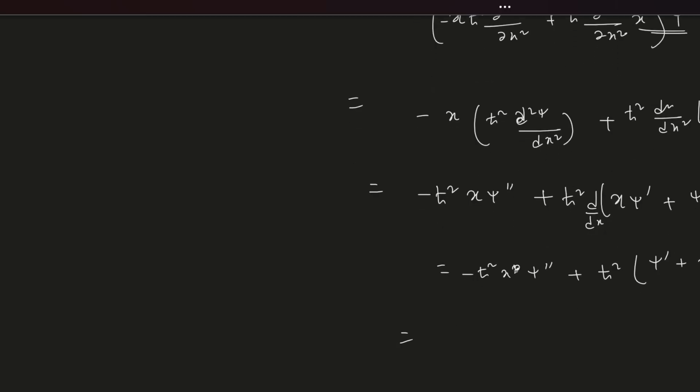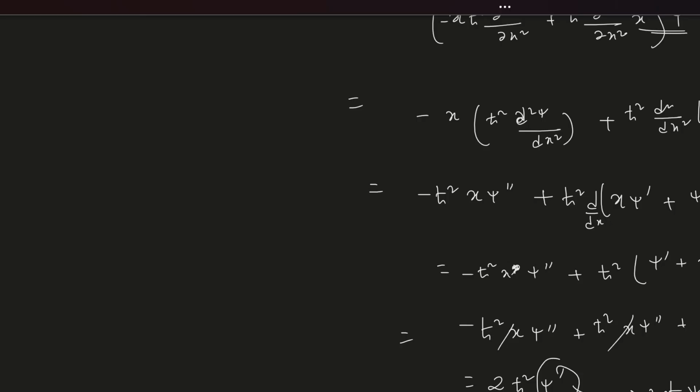So this is minus h cut square x psi double prime plus h cut square x psi double prime plus 2 h cut square psi prime. So these two cancel out, and you get 2 h cut square psi prime. But think of it like this, that this is psi prime and not psi.